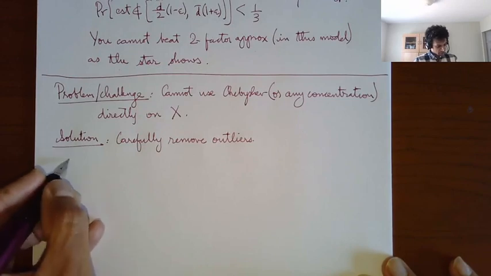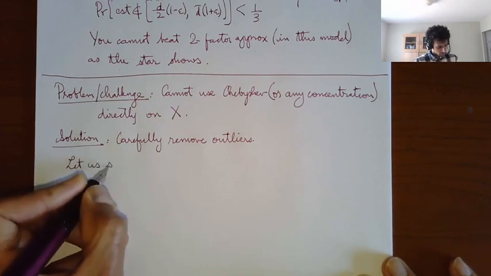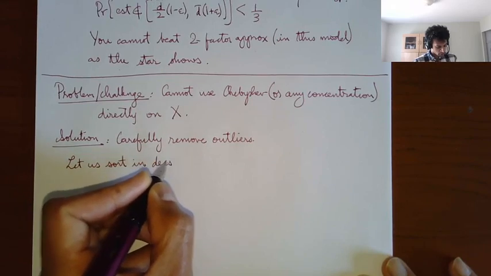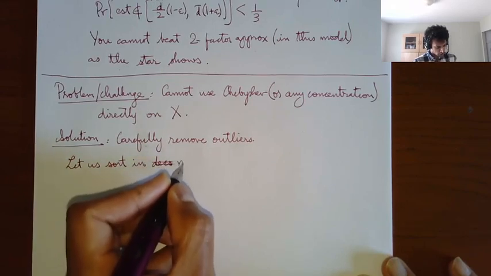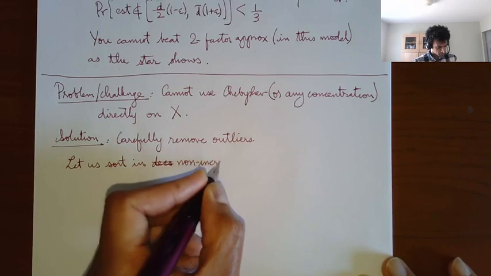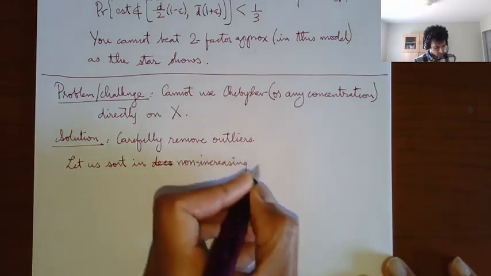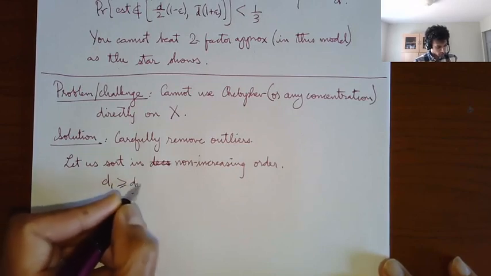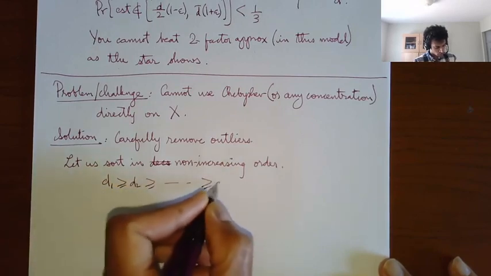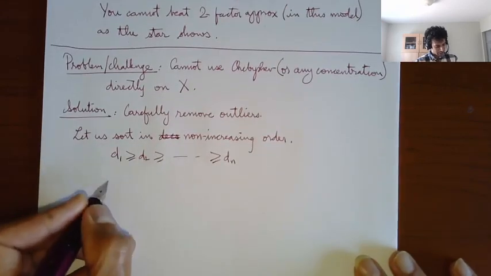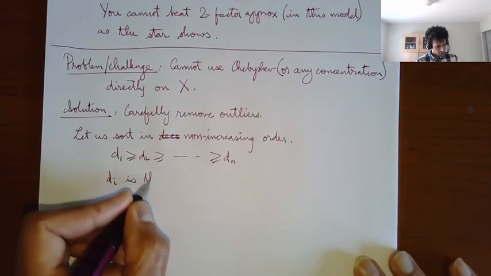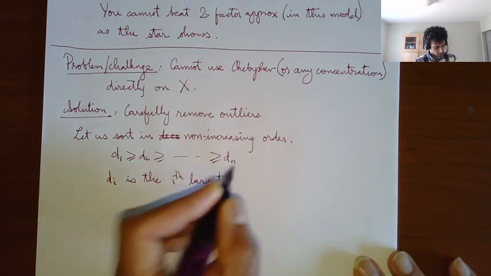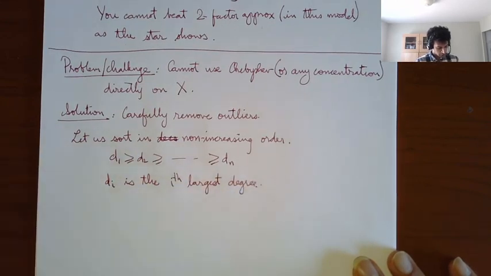So let me now explain this in more detail. It's convenient to sort in descending, I'll say non-increasing, order. So I'll just say that d1 is greater than or equal to d2 is greater than or equal to, and so on, using subscripts, where di is the ith largest degree.